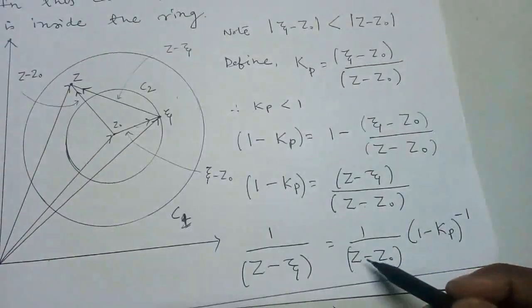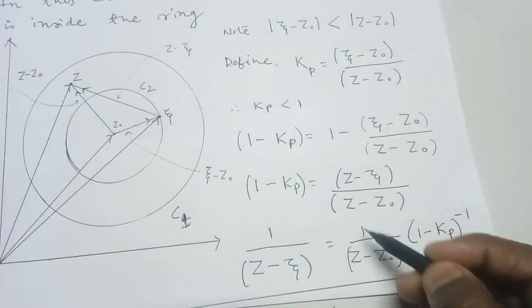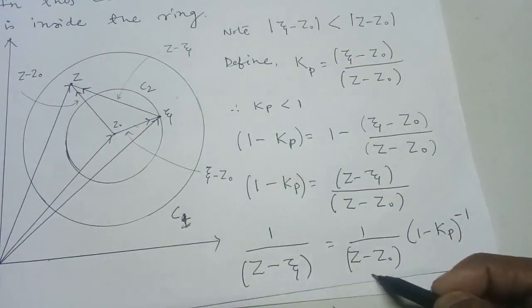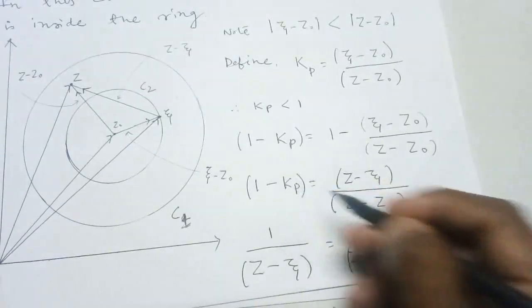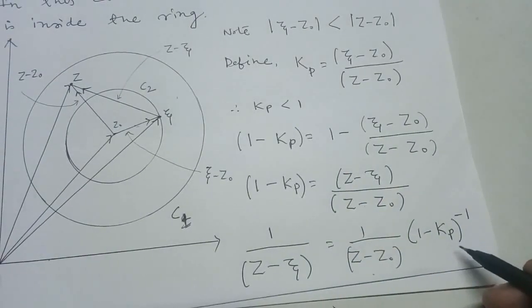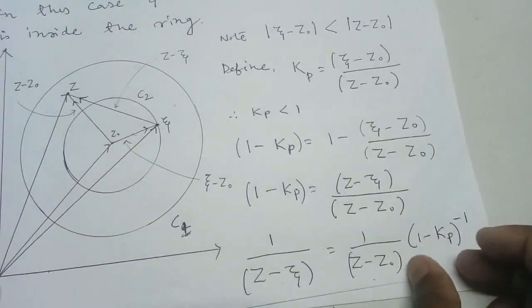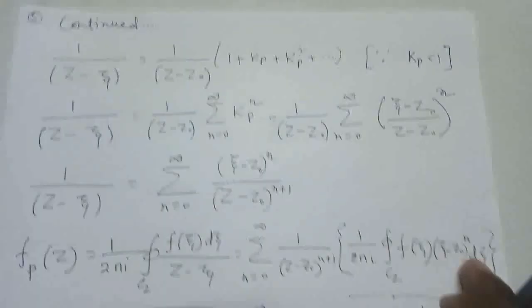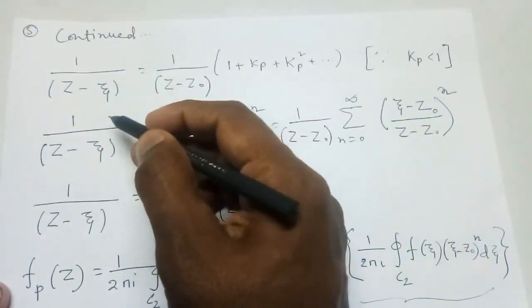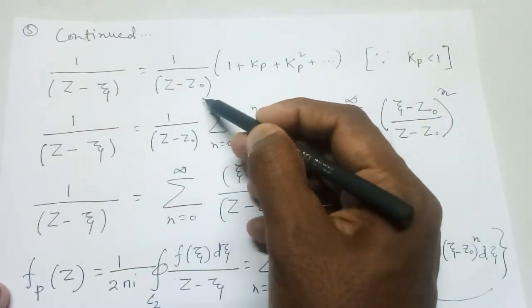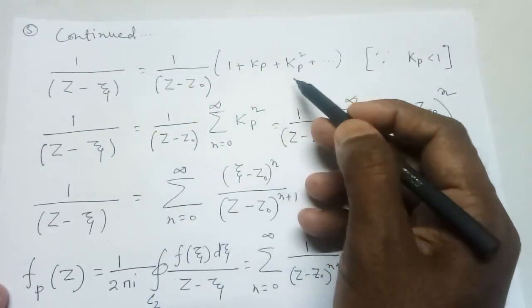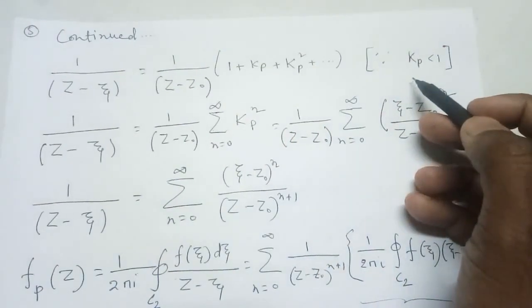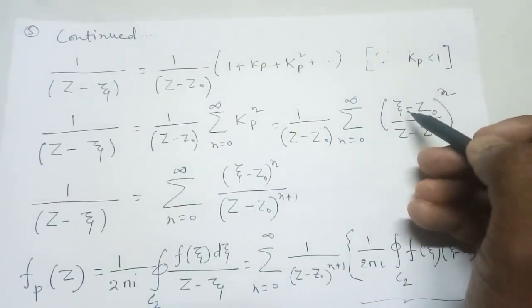So this length can be given by 1 by z minus z0, that is here, and this term comes to the right hand side with inversion, 1 minus kp to the power minus 1. Now we expand this series as kp is less than 1. So this is going to be like this, 1 by z minus xi equals 1 by z minus z0 times 1 plus kp plus kp square, since kp is less than 1.